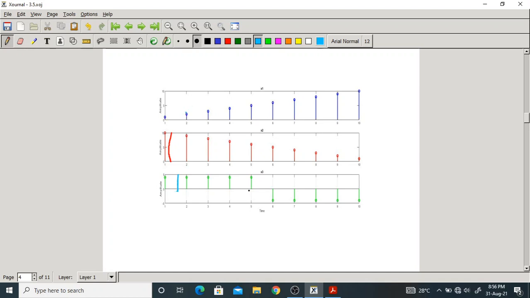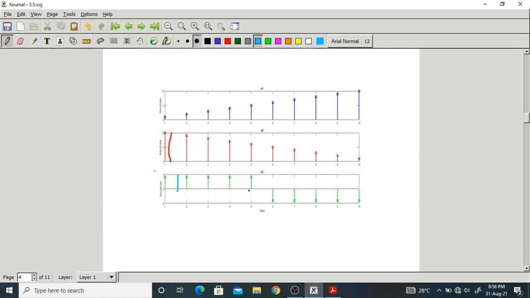Now what will happen? Between 1 and 2, I can transmit these three samples without overlapping: a blue one, a red one, and a green one. That is simply TDM.